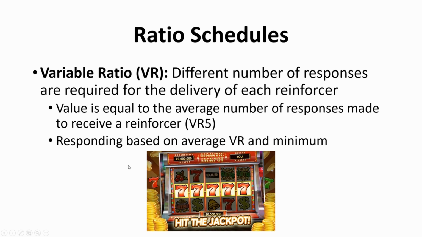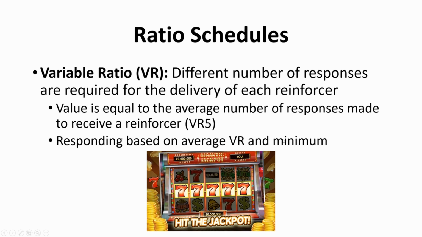And our rate of responding will vary based on the average VR. So with our example here of VR 5, on average every 5 lever presses is going to get you reinforcement. That's a low enough ratio that there would probably be fairly continuous responding. The minimum number of responses that are required to see reinforcement is also going to play a role.